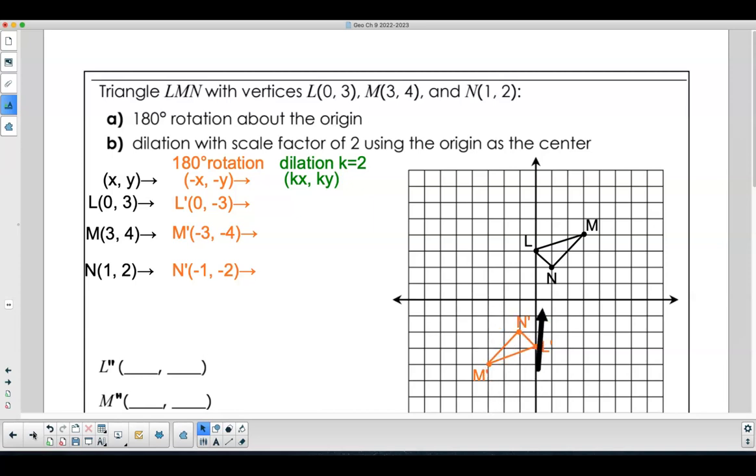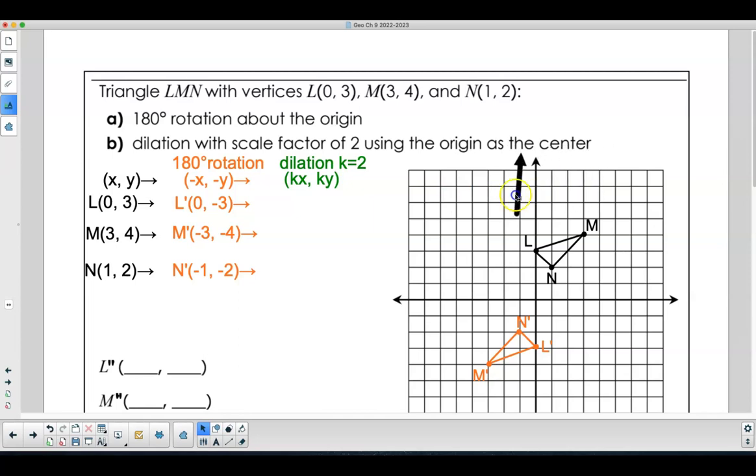I know this is a rotation because corresponding points line up through 0, and that gives me my angle of rotation. L to L prime, M to M prime through 0. Zero is my center of rotation. So that's my rotation.